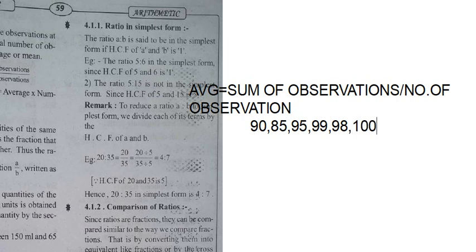If you got the marks like this, then the sum of the observations means you have to add all these marks.